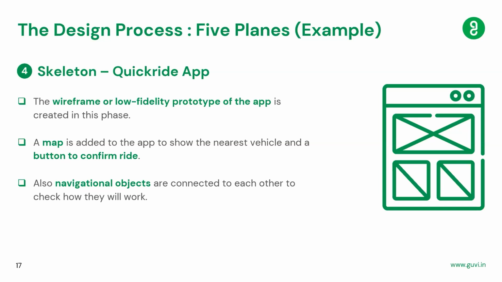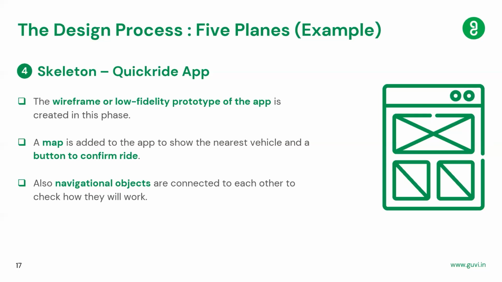Not only in the quick ride app, in Ola and Uber also, you have to have a map to know the vehicles and your location to confirm and book a ride, right? Also, navigational objects are connected to each other to check how they work.